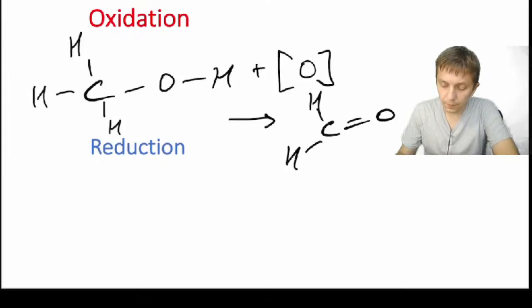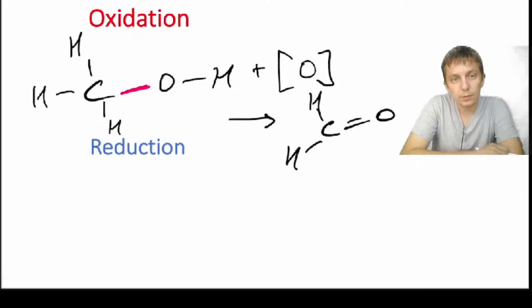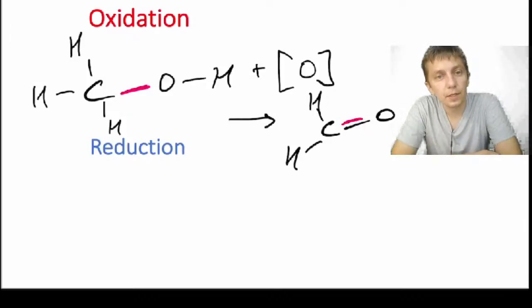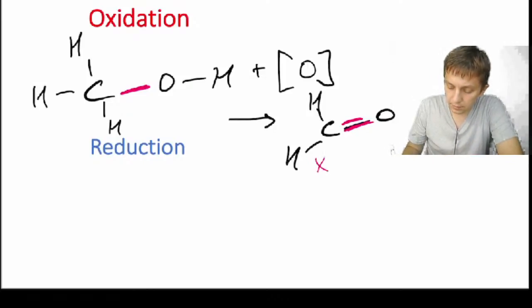So for the compound with carbon, before the reaction there was 1 C-O bond, after the reaction there were 2 C-O bonds. And this process is actually the main reason why ethanol is deadly, because it's toxic.